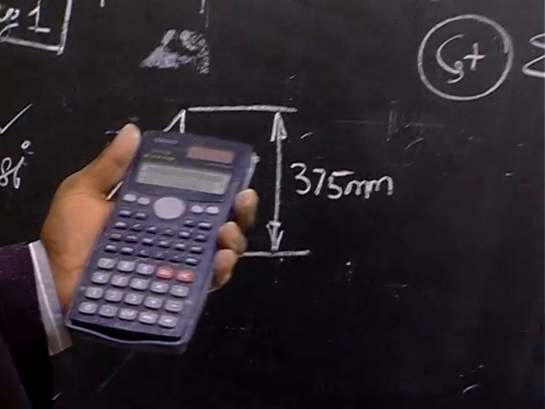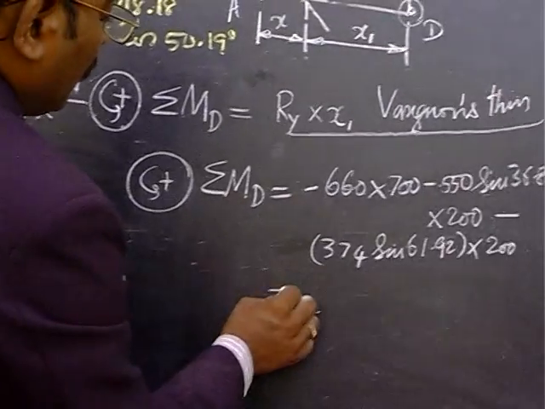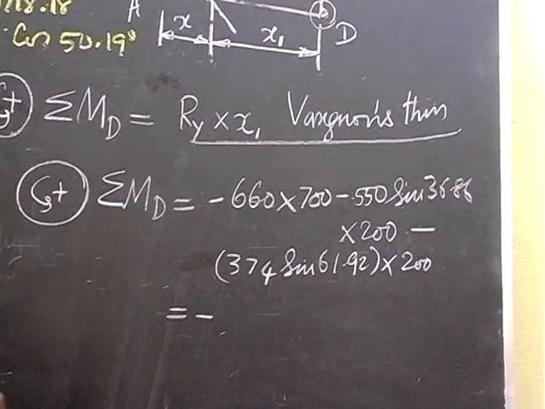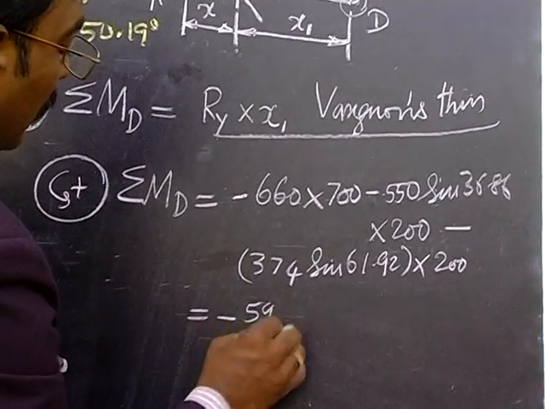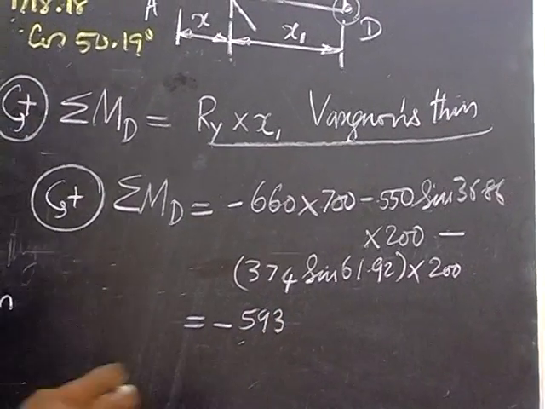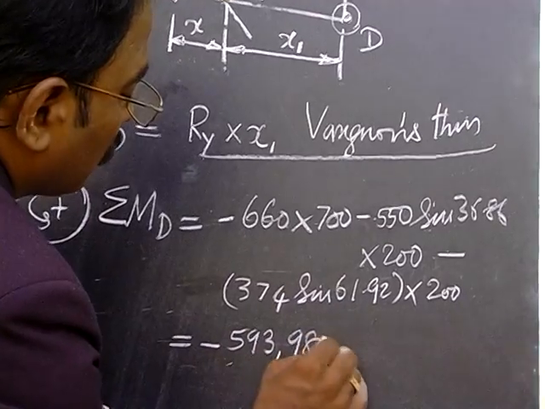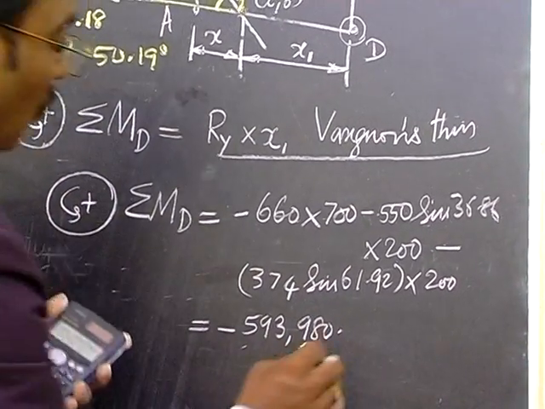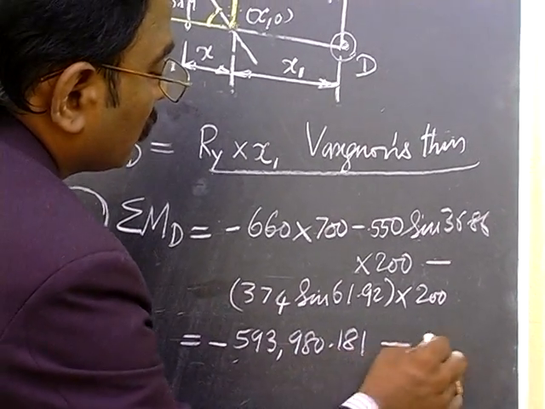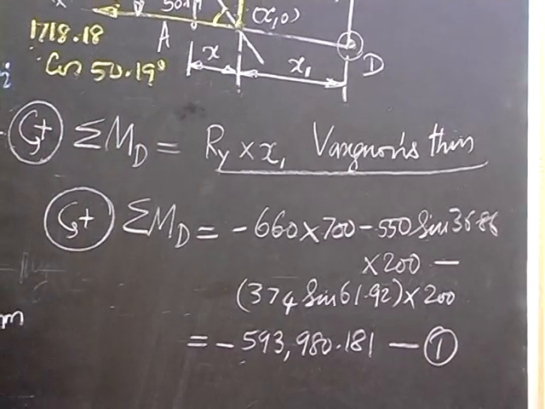The whole thing has to be added with a negative sign. So this is minus 593,980.181. So this can be taken as equation 1.